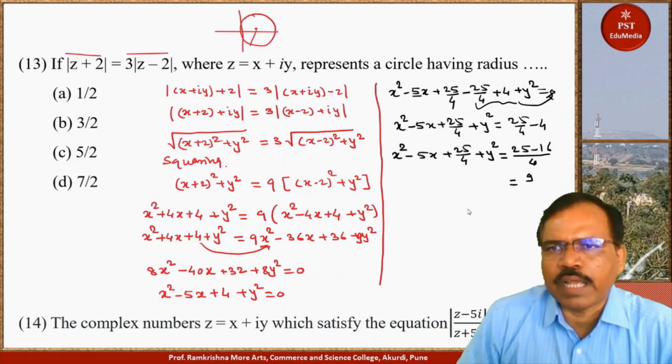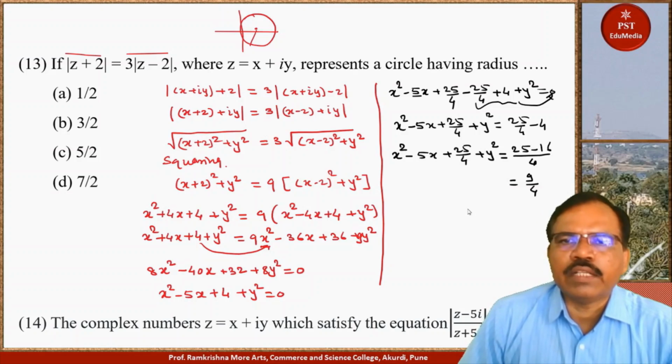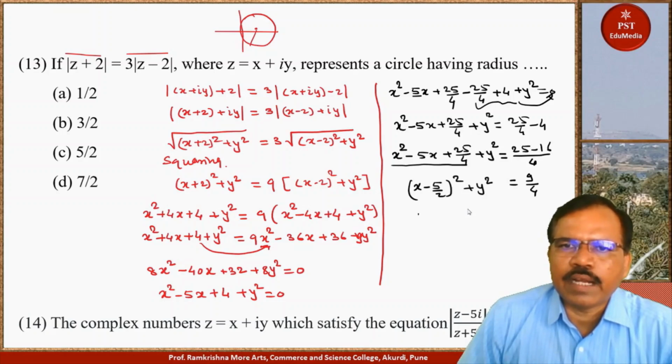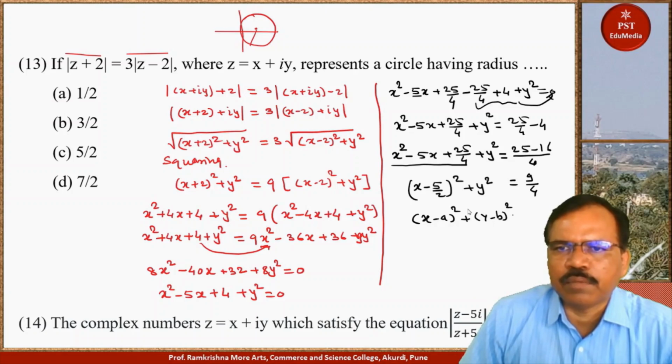So here we have 9 by 4. And here if we take these two terms, we can write this as x minus 5 by 2 square plus y square. So I can write this as x minus a square plus y minus b square equals r square, where a is equal to 5 by 2, b is equal to 0 and r is equal to 3 by 2.